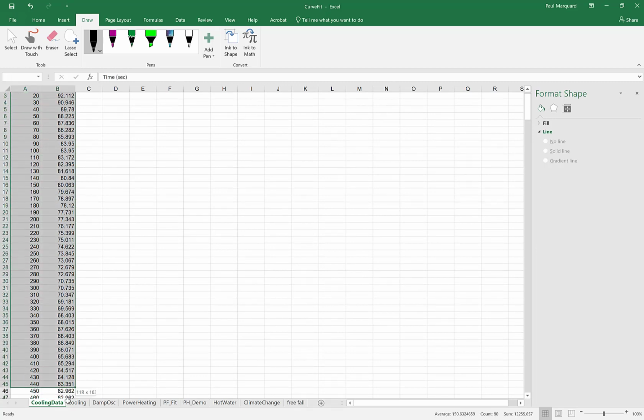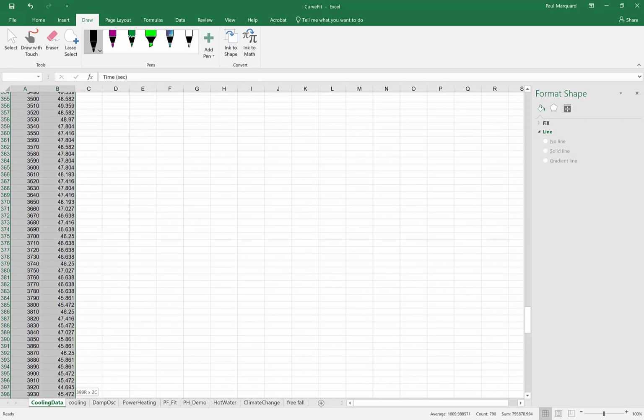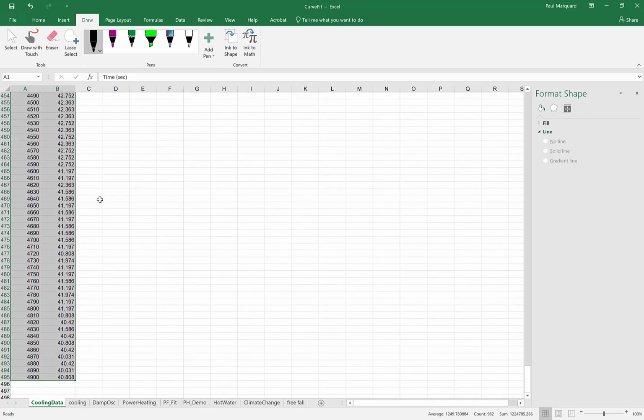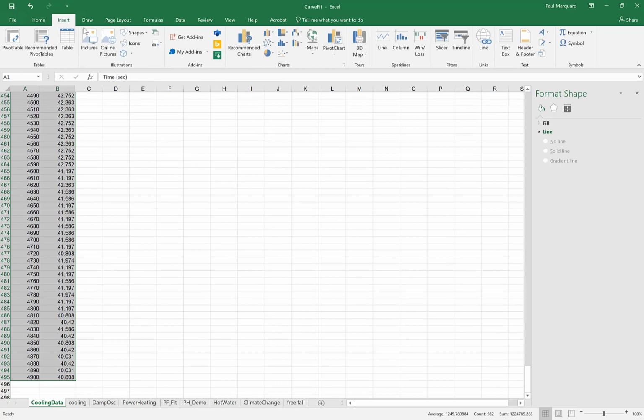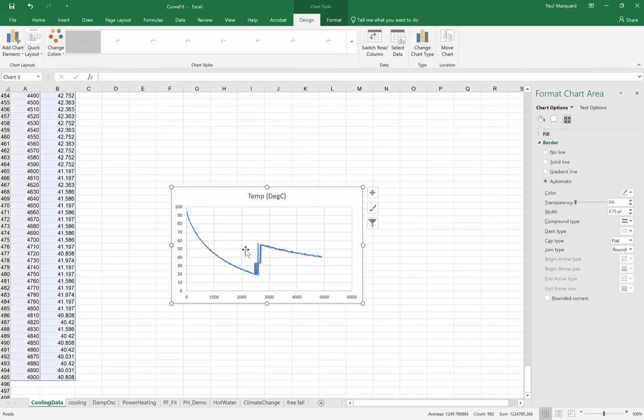There's some really good experimental stuff happening with this data. So I graph the whole thing here. So I've got it all highlighted. And then I go to Insert and Chart. And you can see that when I choose the dots here, there's so many dots that it just kind of bleeds together. So I'm going to go ahead and choose the line.